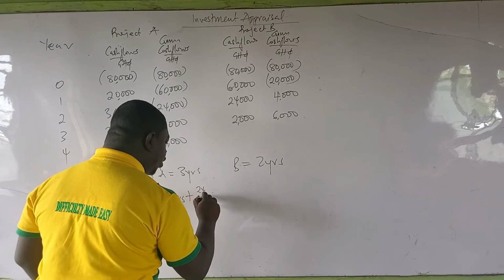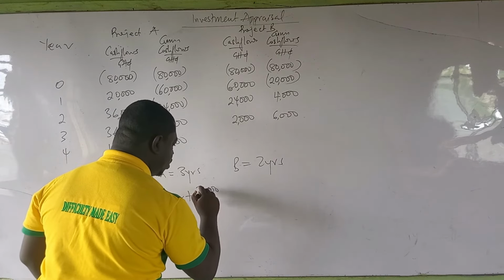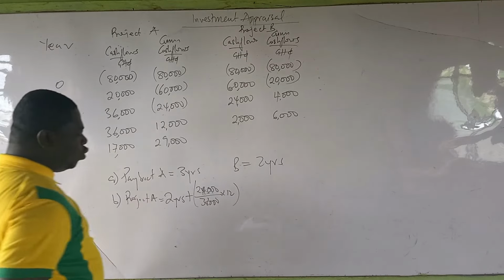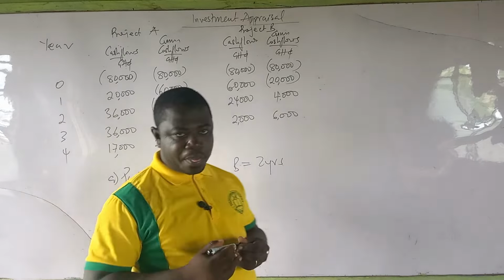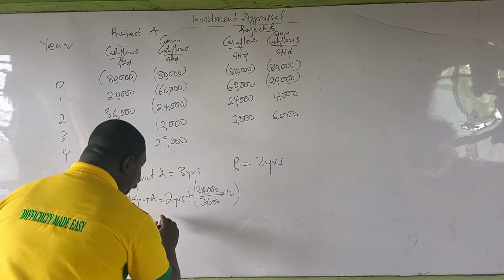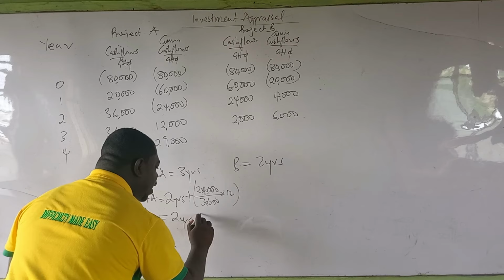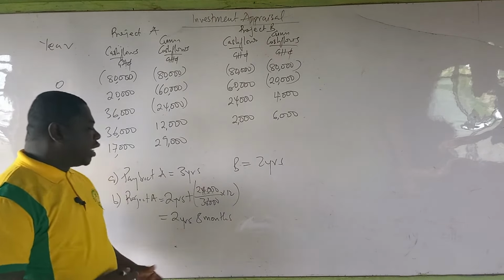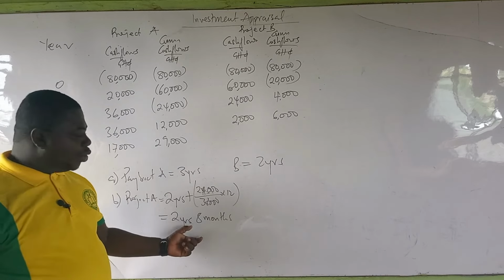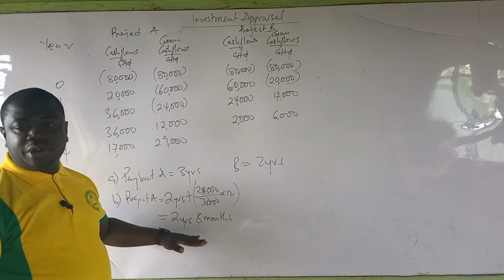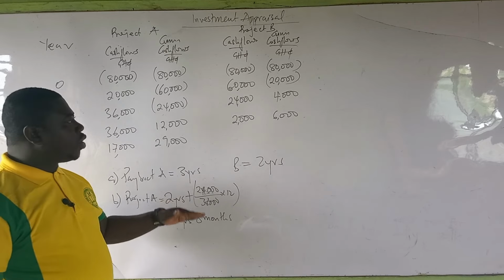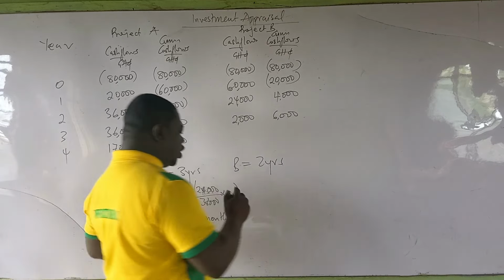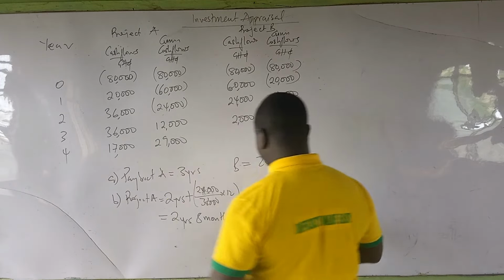So it's going to be 24,000 over 36,000 times 12 months, just as I taught you in part 1 of this video. And that is going to give us 2 years and 8 months. So it took us 2 years, 8 months for the project to be paid back. So the payback period, assuming that the cash flows occur at a constant rate, is 2 years, 8 months, not 3 years.